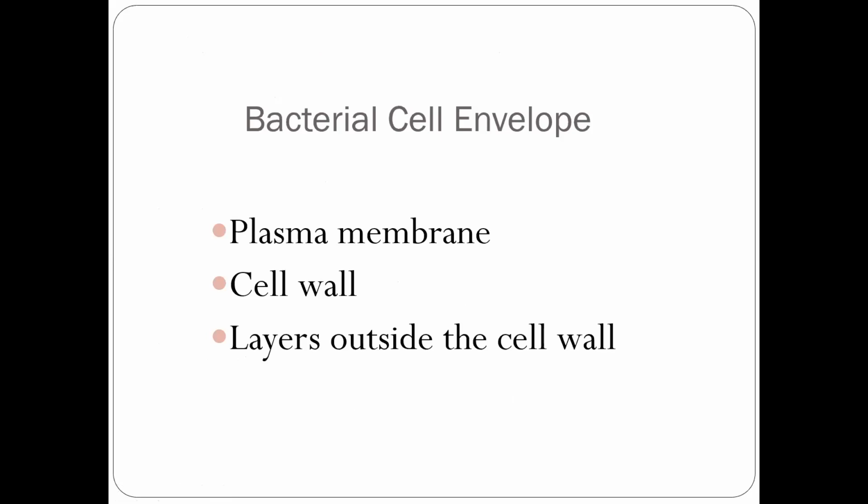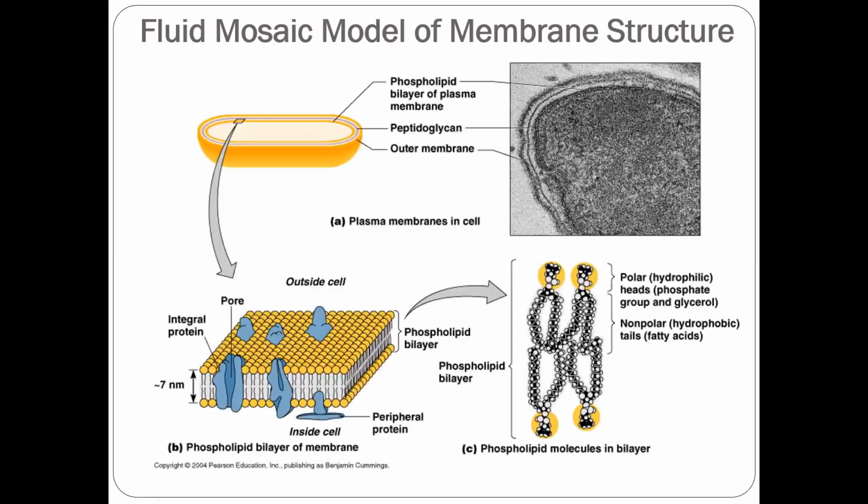So let's talk about these one by one. First of all is the bacterial cell envelope. We're going to talk about the plasma membrane, the cell wall, and the layers outside the cell wall. First, this is very simple; everybody knows it.